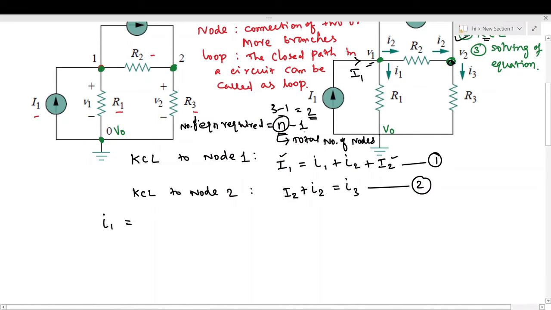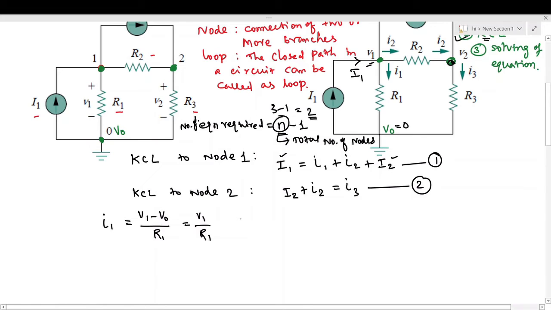I1 will flow from higher potential to lower potential, that is higher potential node is V1 and lower potential is V0, and this V0 is equal to 0. So we can write V1 minus V0 by R1, and we know that V0 is equal to 0, so we can write V1 by R1.